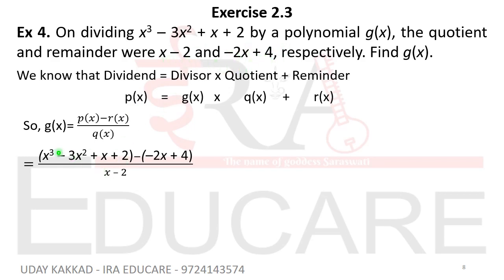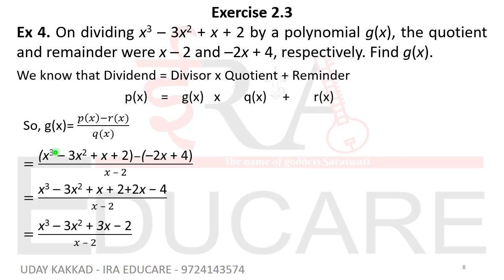Now simplify it. So at the end you get x cube minus 3x square plus 3x minus 2 upon x minus 2.